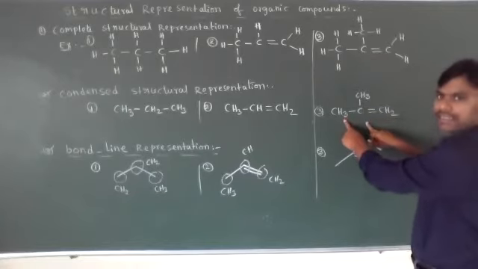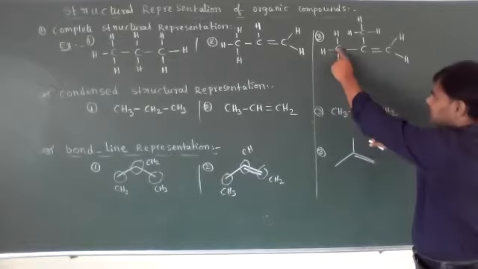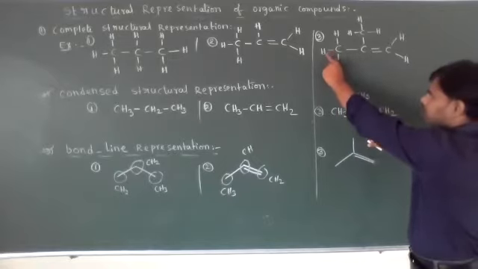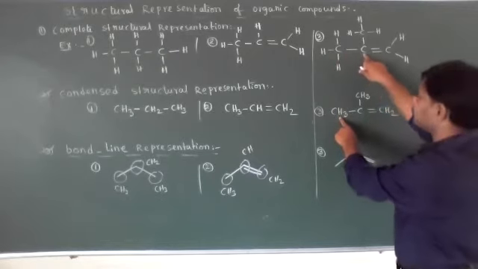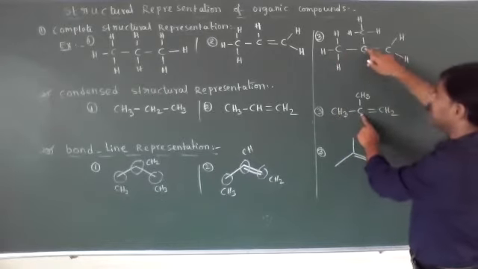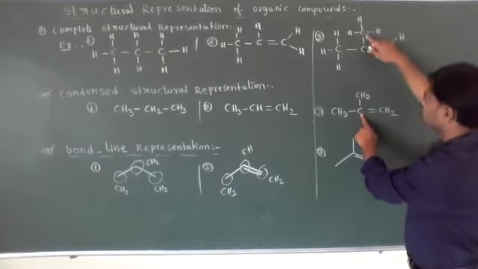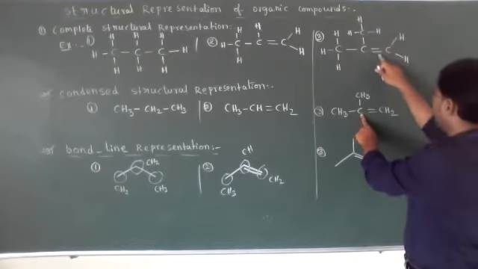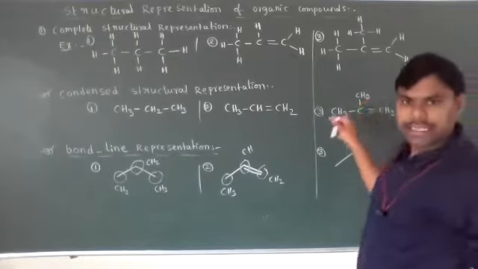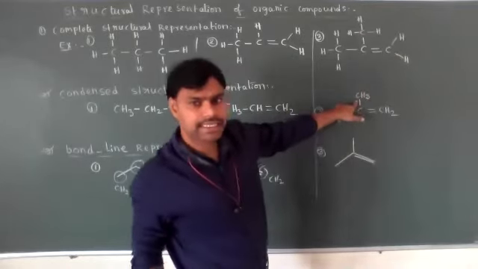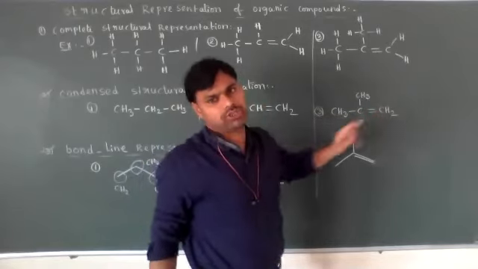Regarding the condensed representation, I wrote CH3: C bond H bond H bond H is nothing but CH3. This is connected with another carbon, the middle carbon, which is connected with another CH3 group and double bond CH2. That's why C, single bond CH3 and double bond CH2.